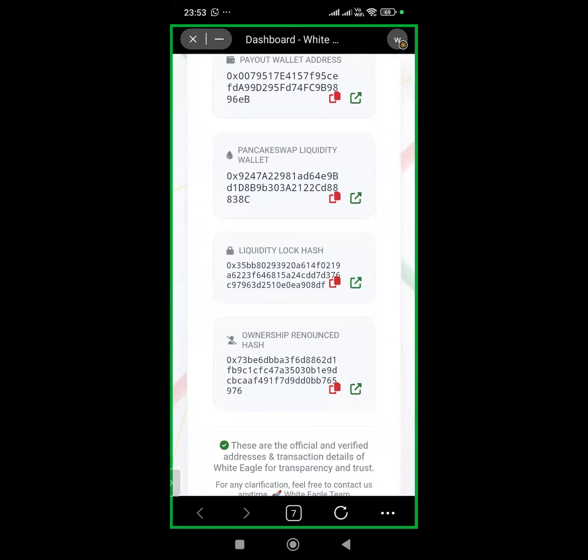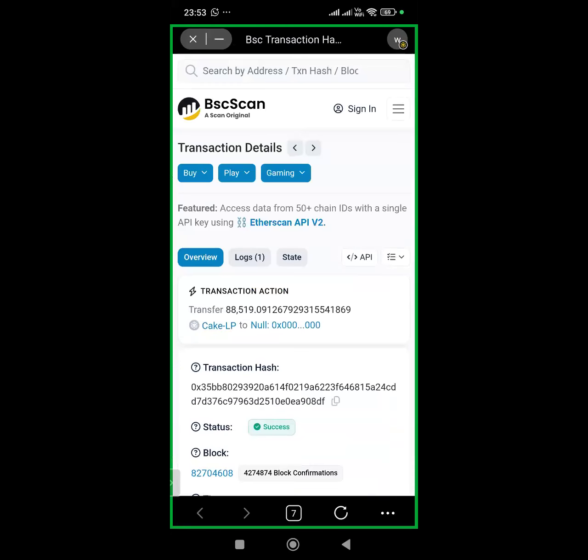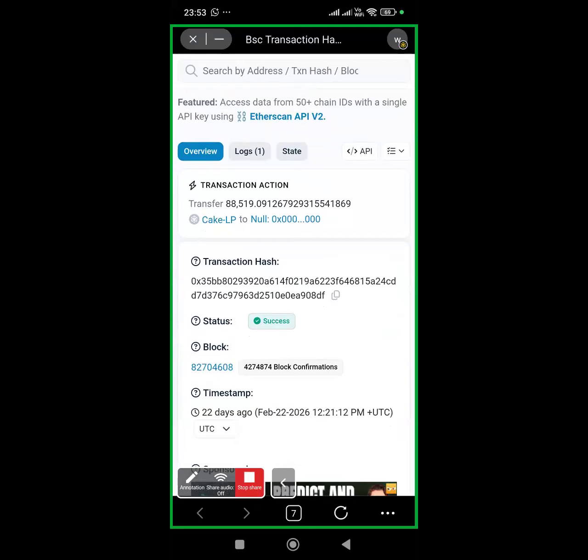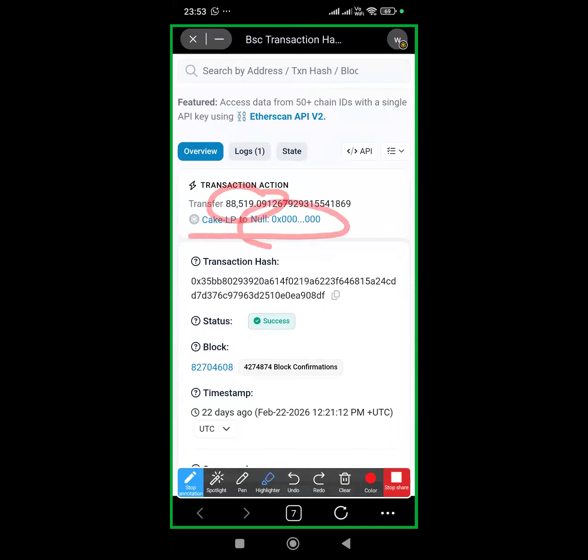This lock does not mean a lock with a key that anybody can open. This lock means that when you burn the LP, it is locked. When you receive the LP and you burn this LP, it has been locked. You see here, this is the LP that he received, and this Cake LP goes to the null address.